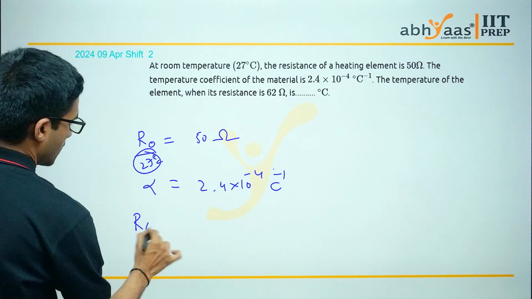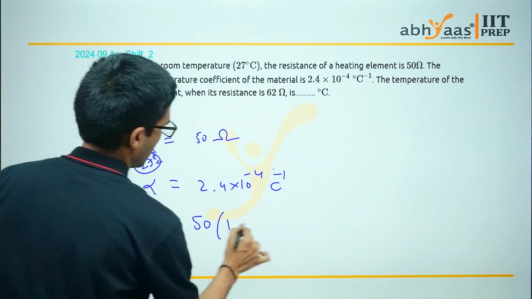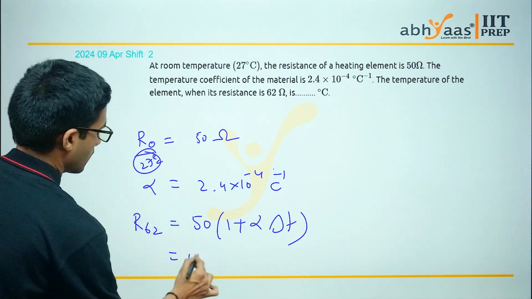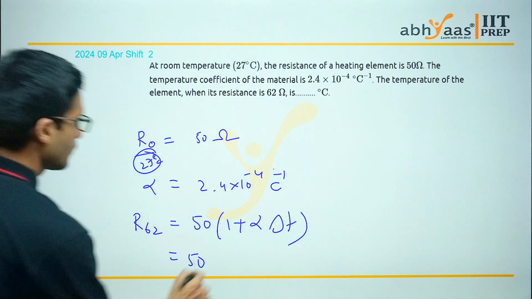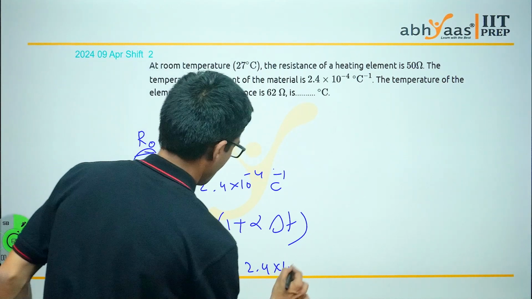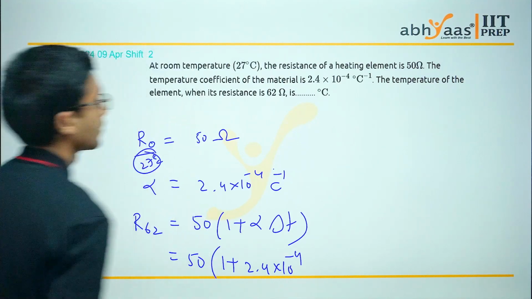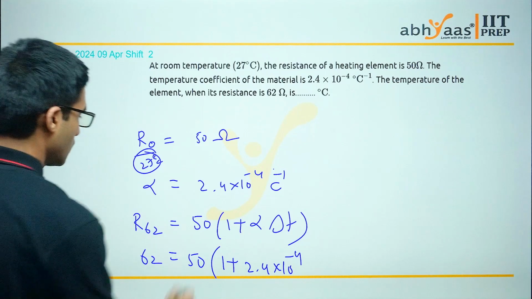R62 you need to calculate. R62 is equal to 50 into (1 plus alpha delta t), with alpha 2.4 into 10 power of minus 4. Delta t we need to calculate.